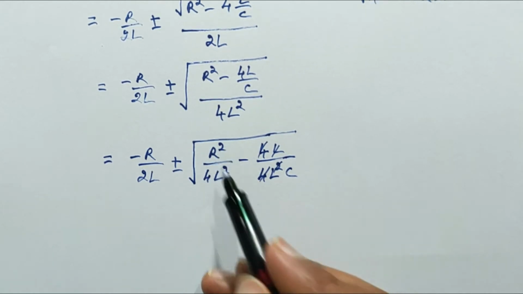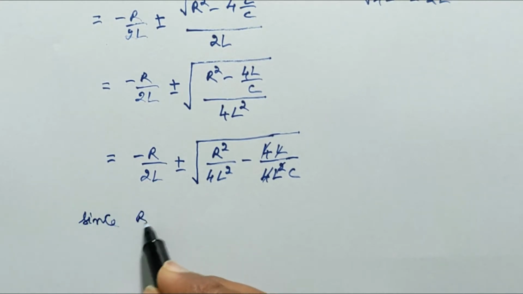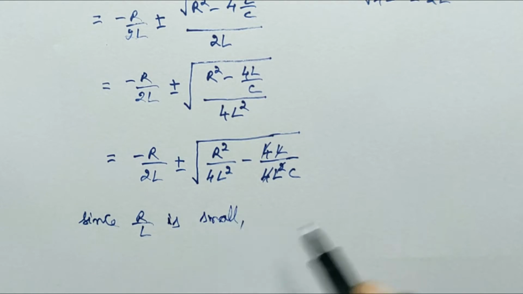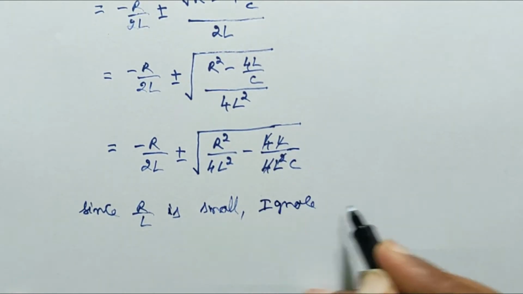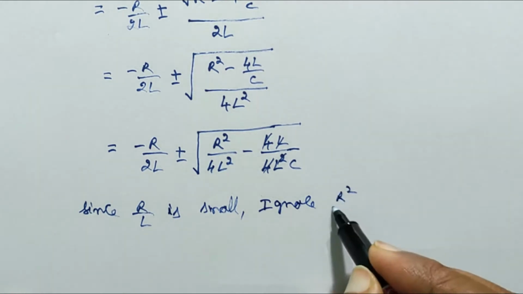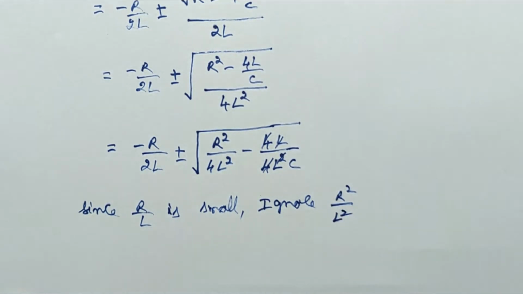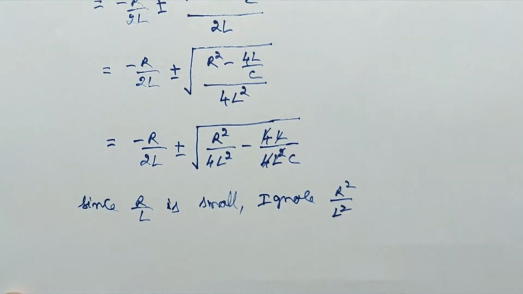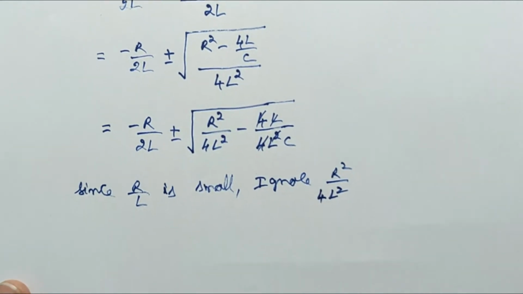Therefore we will ignore the value of R square by 4 times L square, so this entire term will cancel out.